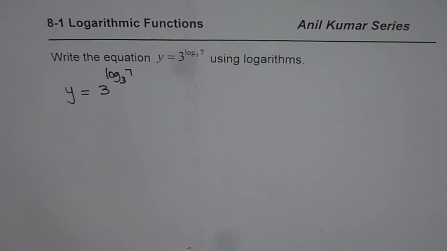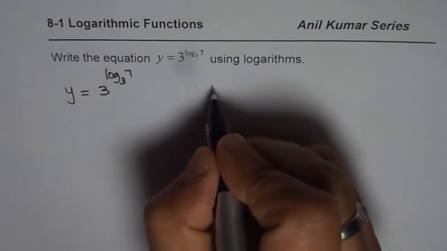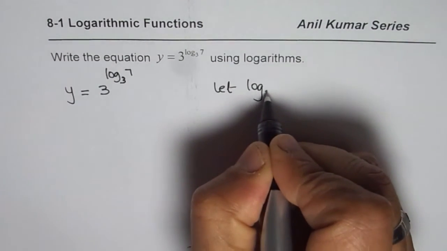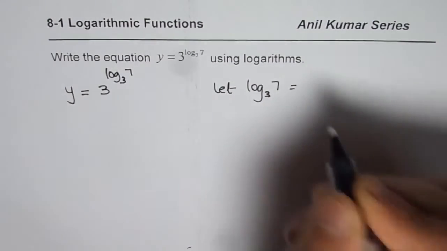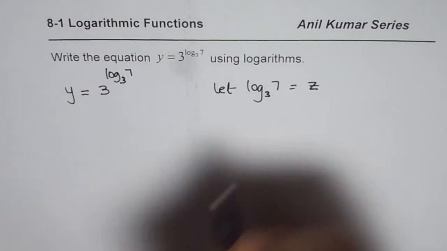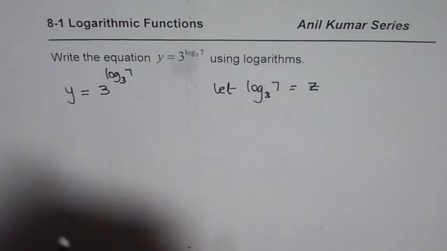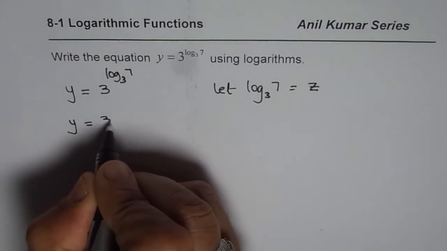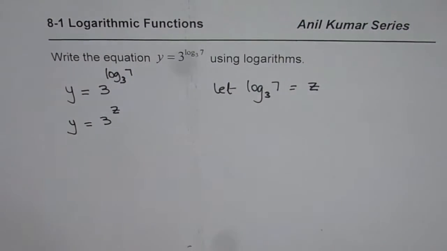Well, to do this, what we can do is let log 3 of 7 be some other variable, let us say z. In that case, we can write this equation as y equals 3 to the power of z, correct?